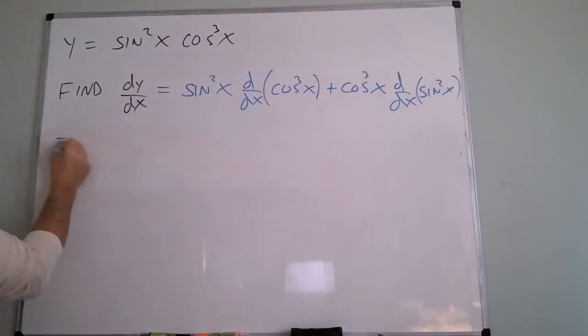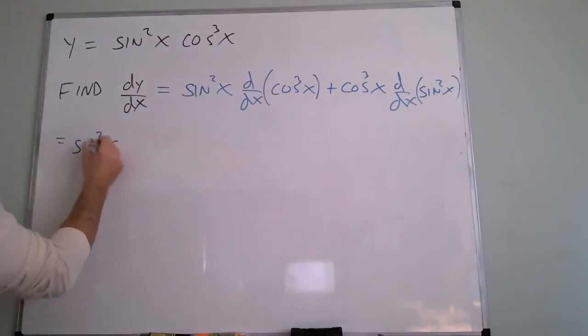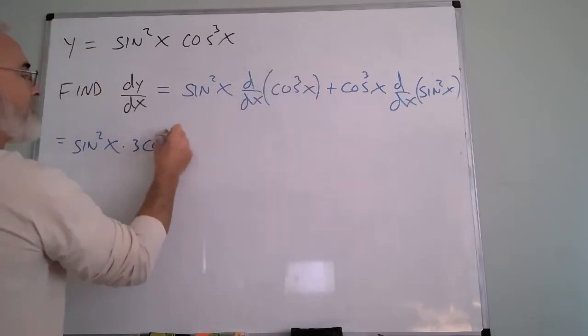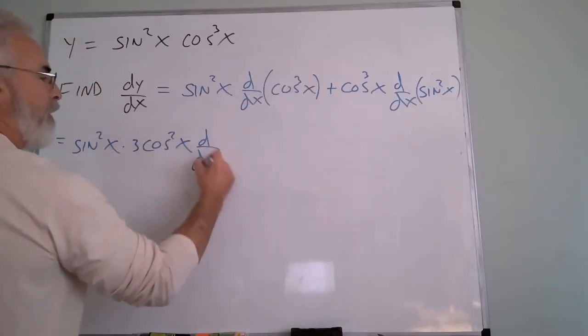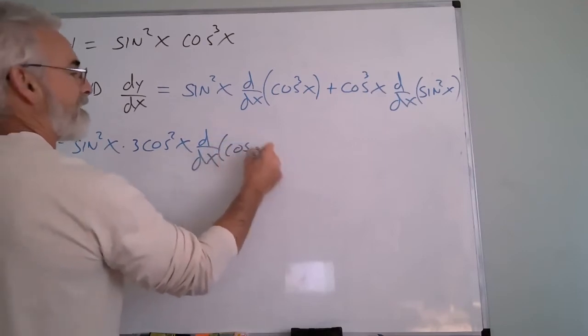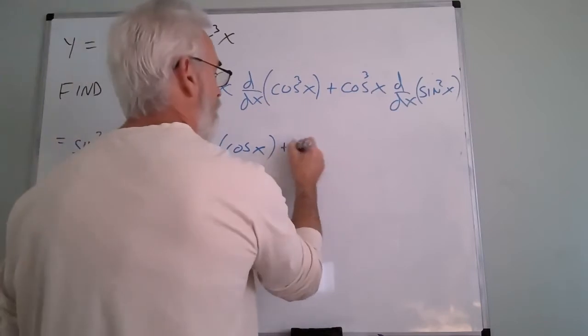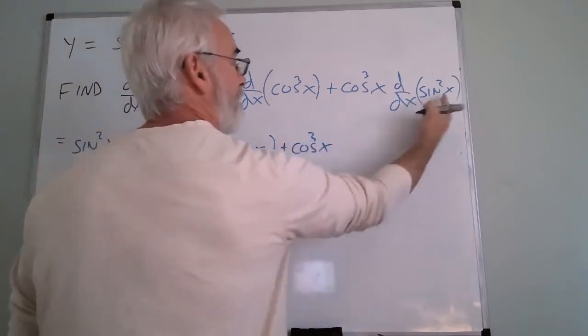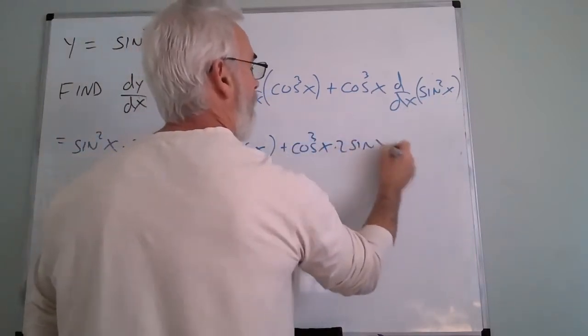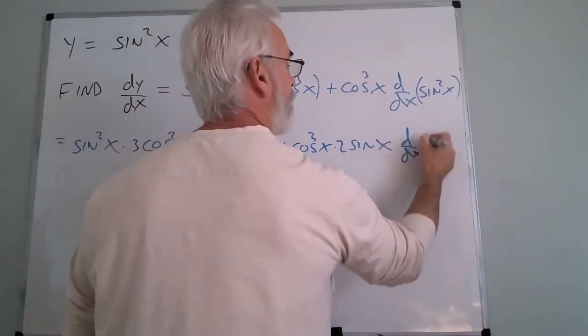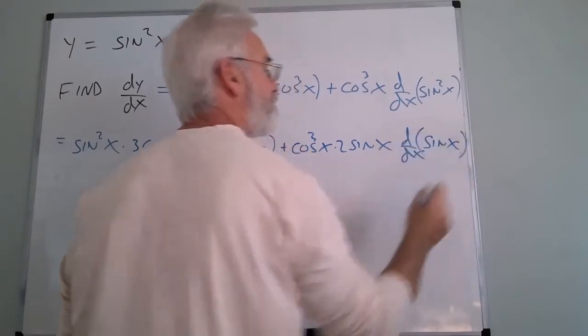So I now can say this is sine squared x times 3 cos squared x. I'm going to do it formally, times the derivative of cos x. I'm finally to the inside there. Plus cos cubed x times 2 sine x to the first power times the derivative of sine x.